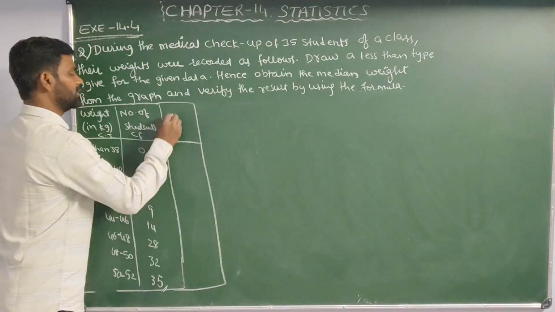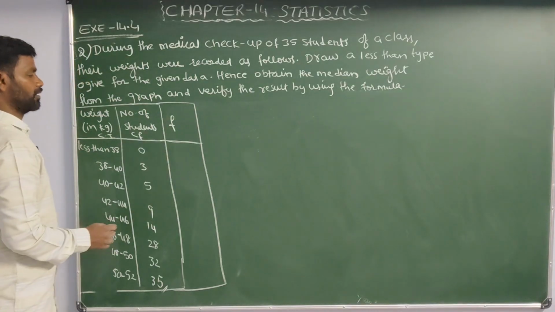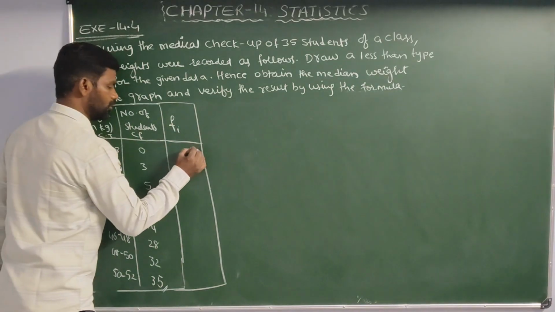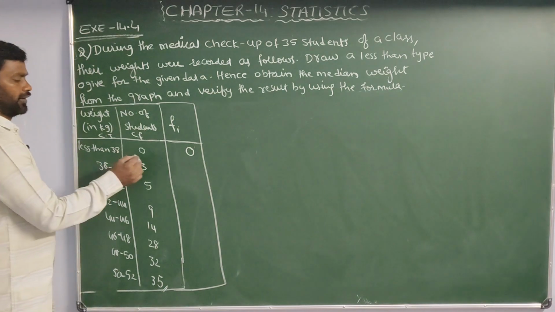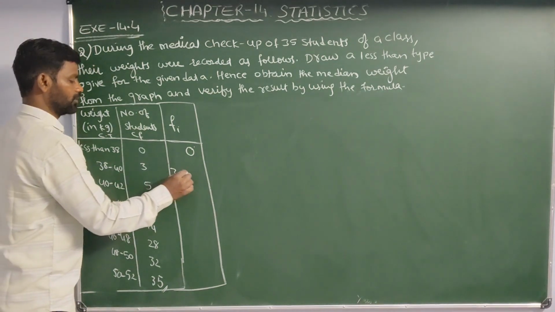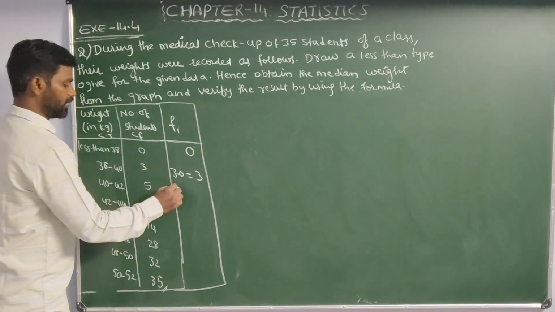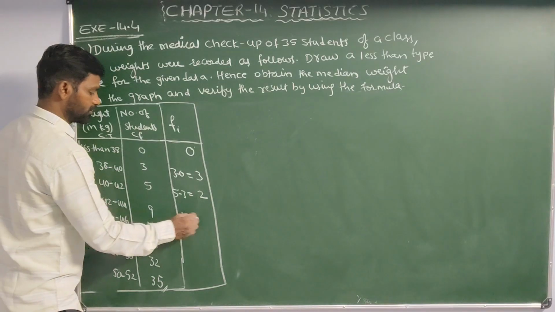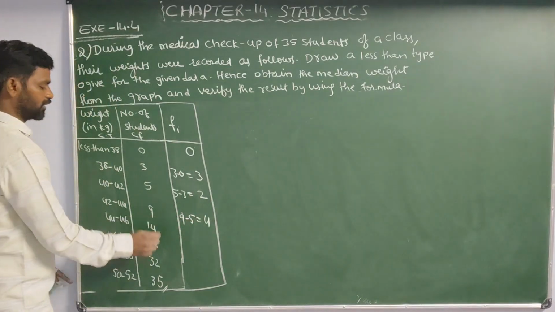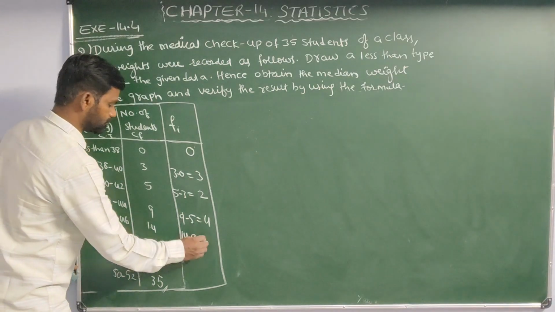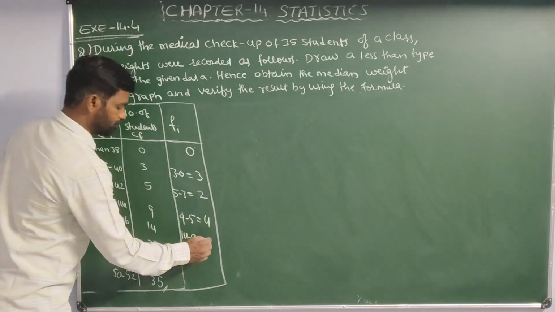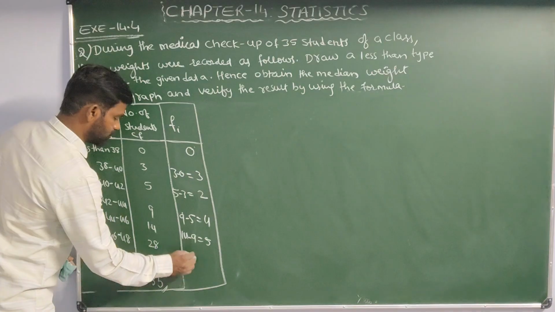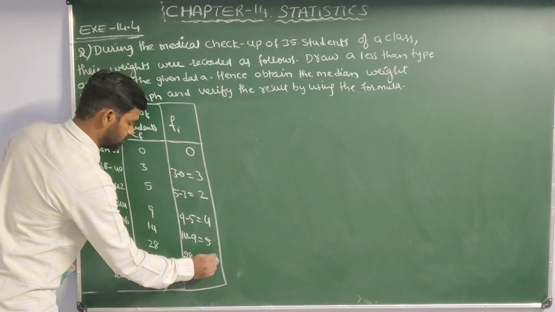So how to find the frequency fi? It's very simple. First, write the first frequency as 0. Next, 3 minus 0 is 3. 5 minus 3 is 2. 9 minus 5 is equal to 4. Next, 14 minus 9 is equal to 5. 28 minus 14 is equal to 14.